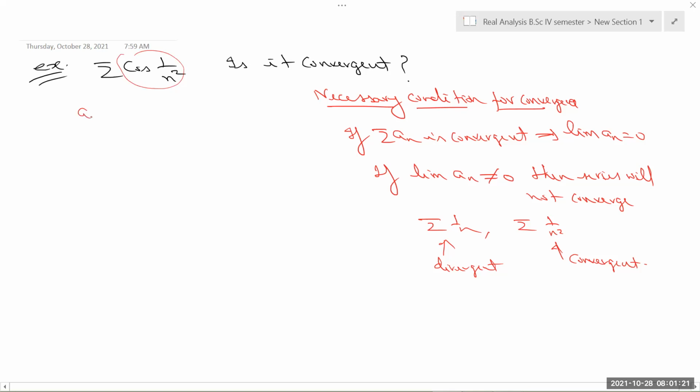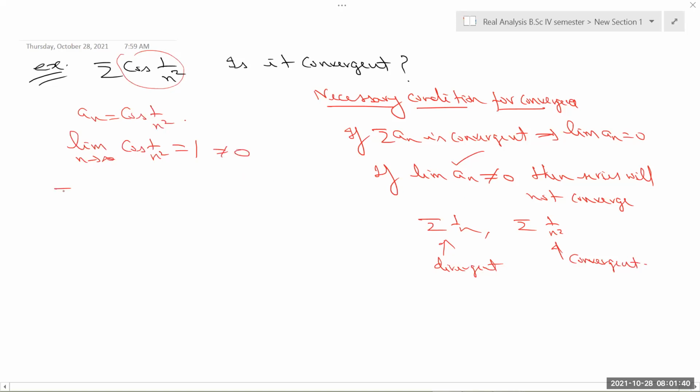Here I can call a_n equal to cos 1 by n square. So first of all, you need to check the limit. The limit of this nth term cos 1 by n square is 1, which is not equal to 0.